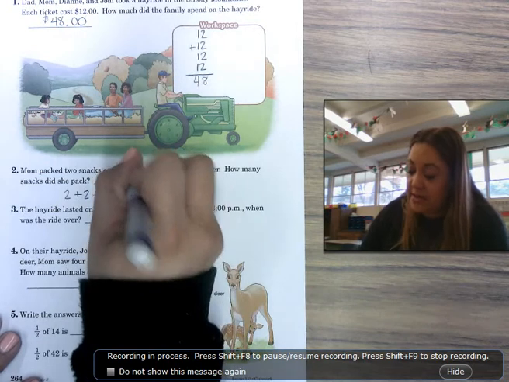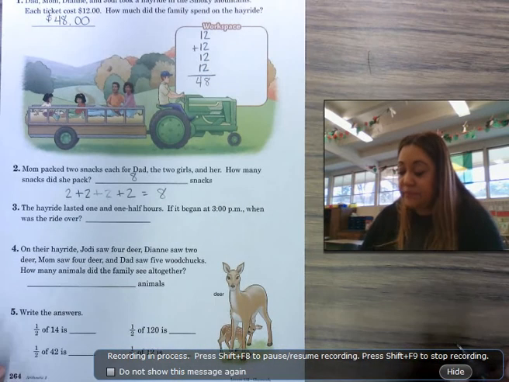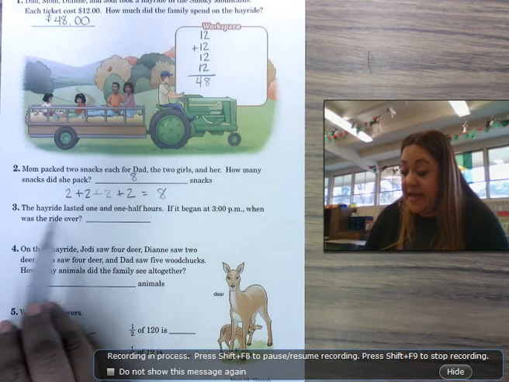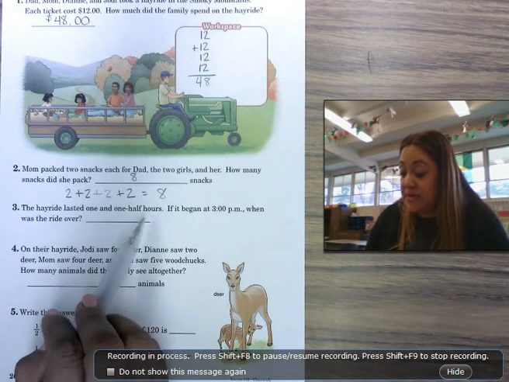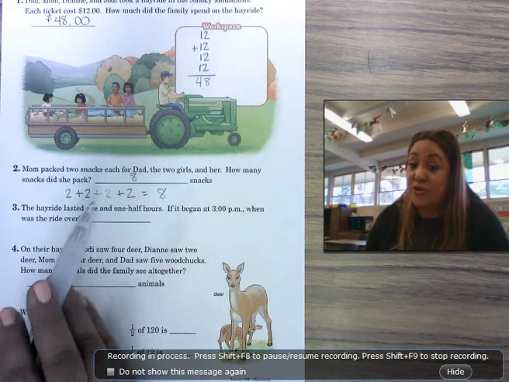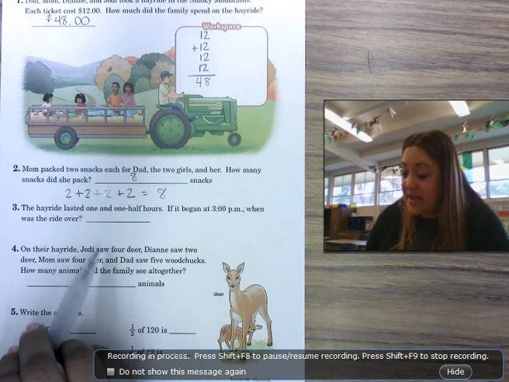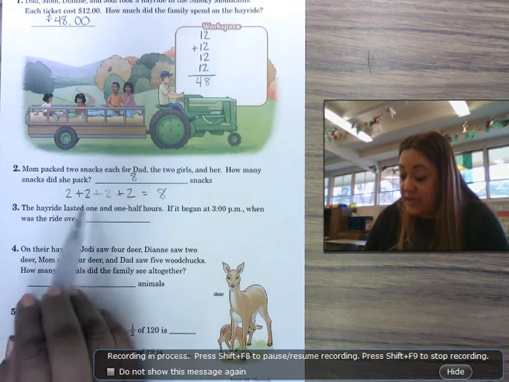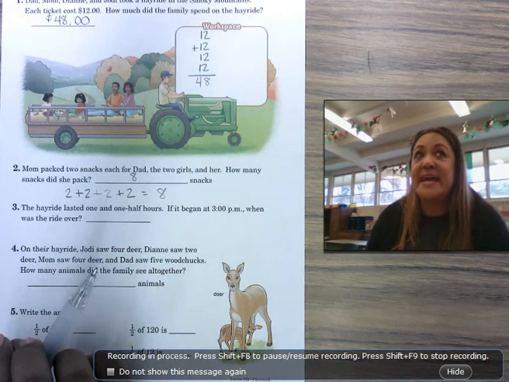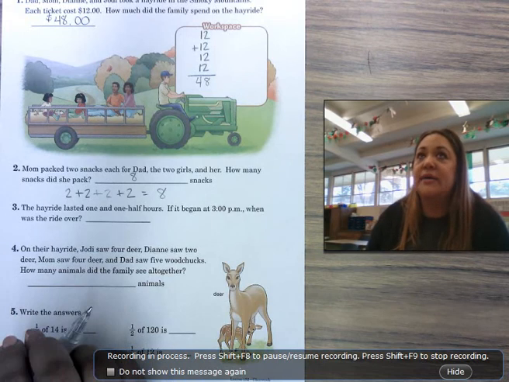Okay, now we're getting into time here. So number 3, the hayride lasted 1.5 hours. It began at 3. When was the ride over? If it's at 3 and it lasted 1.5 hours, we have to add first an hour to 3 o'clock. What time is that? 4 o'clock.